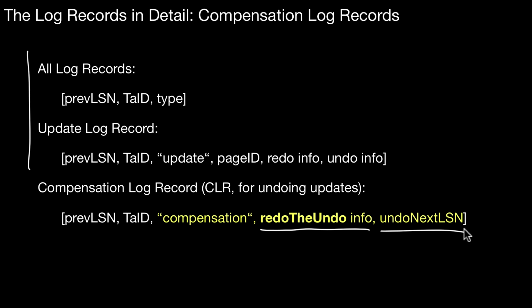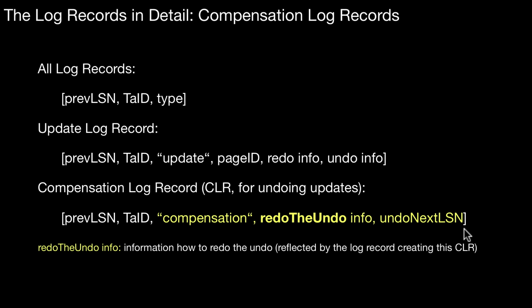So what do they mean? Redo the undo means this is information on how to redo the undo, which is reflected by the log record creating this CLR. In other words, a compensation log record is executed in the redo phase. However, what it reflects is an undo information. So if we have those 3 phases, again we have analysis, we have the redo and the undo.